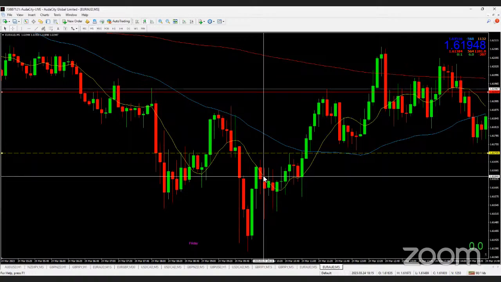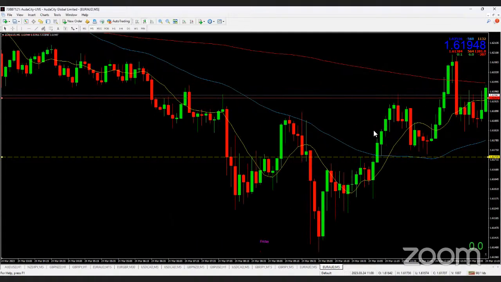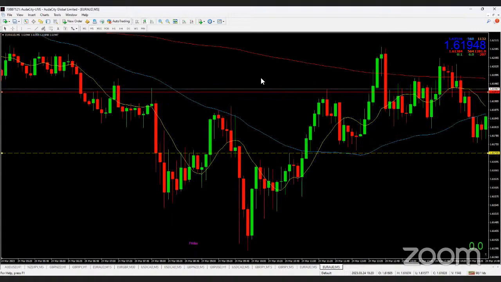I could have possibly entered here. I know there's this huge candle, but because I know overall the price is going down, you can see the moving average lined up the way we want it, the red, the blue, and yellow.